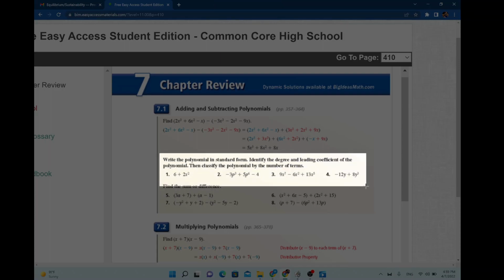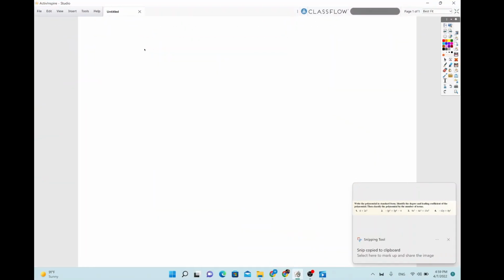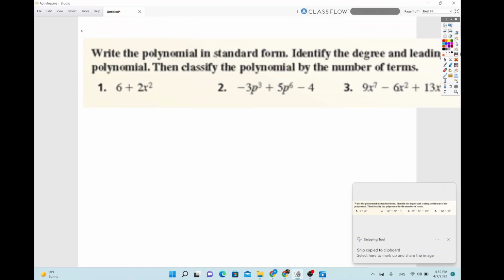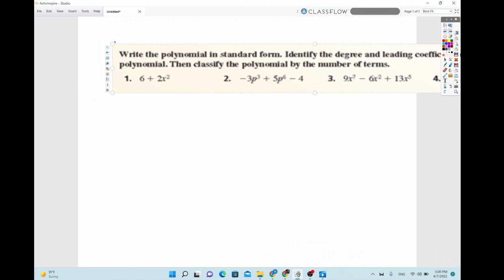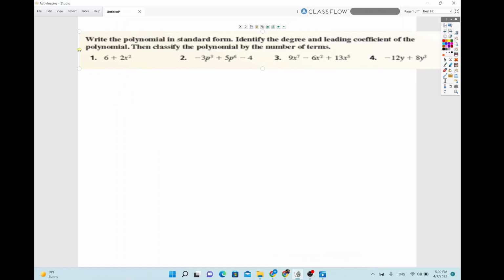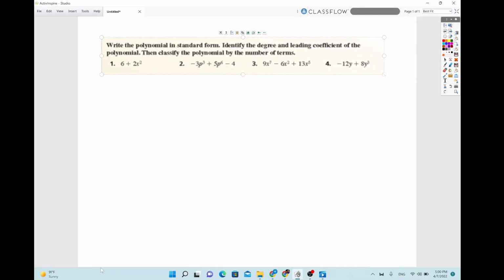Okay, so let's start off with this set right here. This one is a little bit big, so let me shrink the size here. The first set of problems is about rewriting the polynomial into standard form, and then classifying it, giving the name for that.